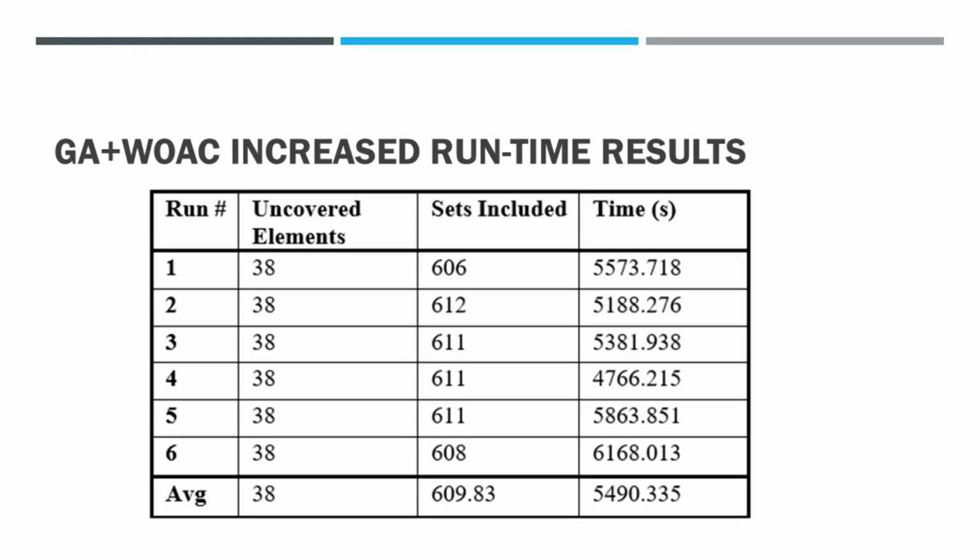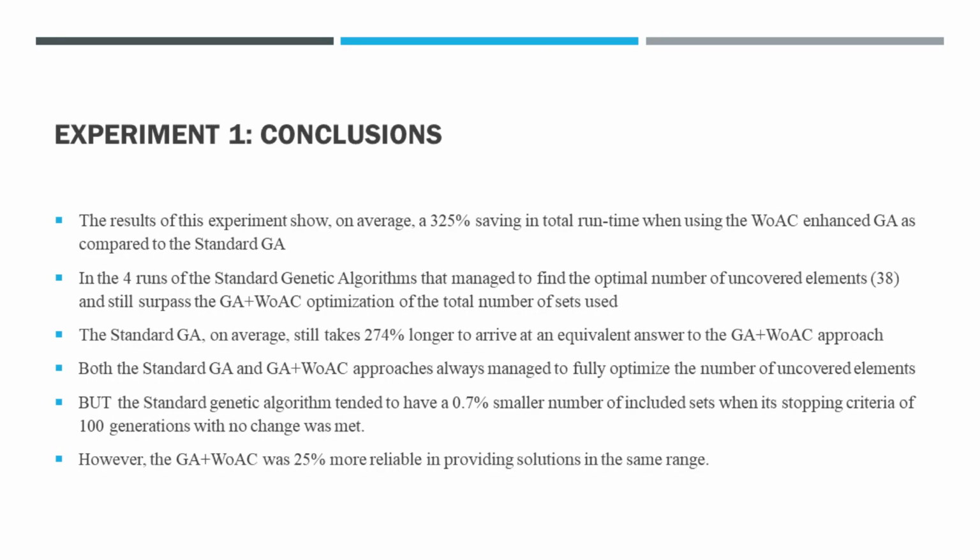And then for the number of sets included, you can see that our average dropped down to 609.83 sets included. And our time is quite a bit more than the previous algorithms that we've tested at 5,490.335 seconds.